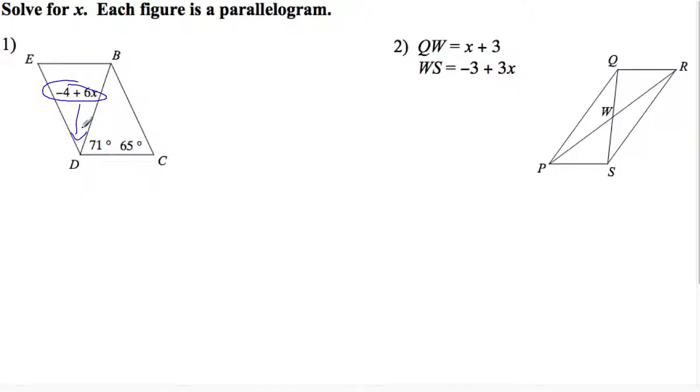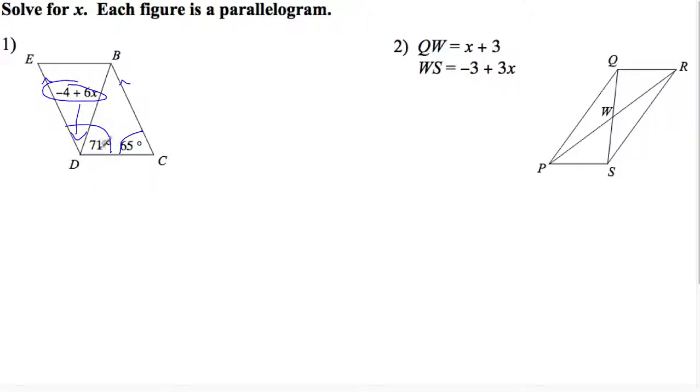Now you can see that this angle and this 71-degree angle actually make up this whole angle D. And that angle D combined with angle C, these are two consecutive angles. Because this is a parallelogram, these sides are parallel, and between parallel lines, consecutive angles are supplementary.